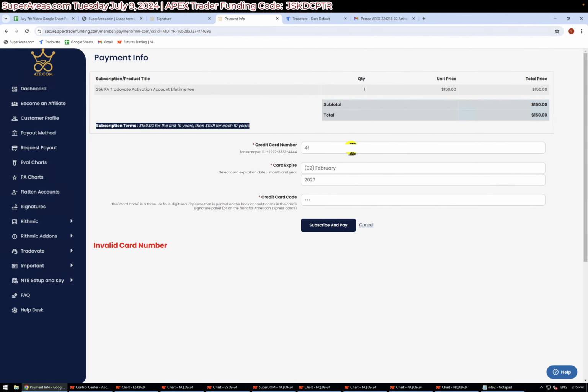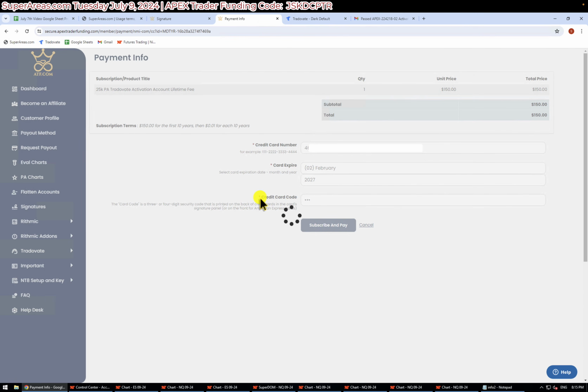It says invalid card number. Let me see if I've missed a digit. There you go, my payment is being processed. And the next page should be that my payment has gone through.